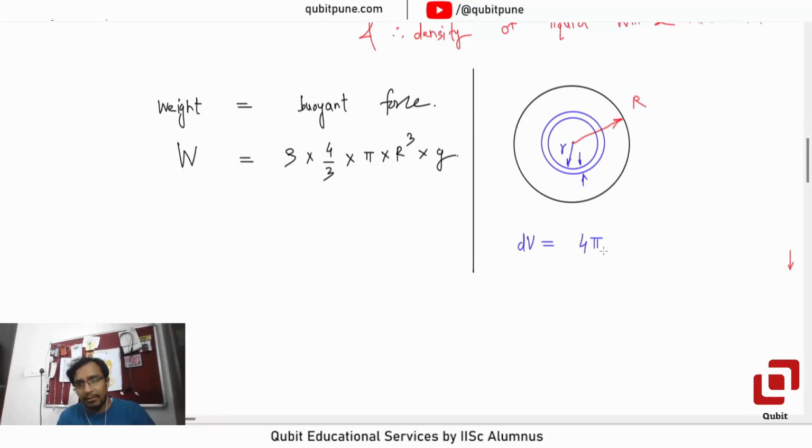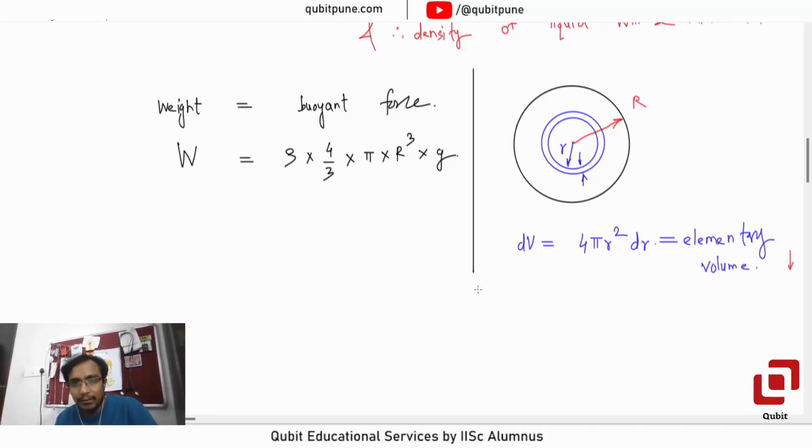Elementary volume will be 4 pi r squared, the surface area, into dr. Is it clear? Or shall I explain? So this is the elementary volume.